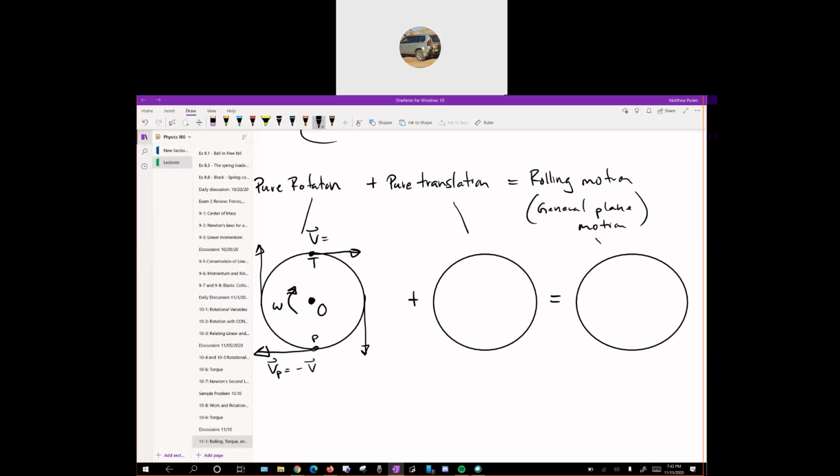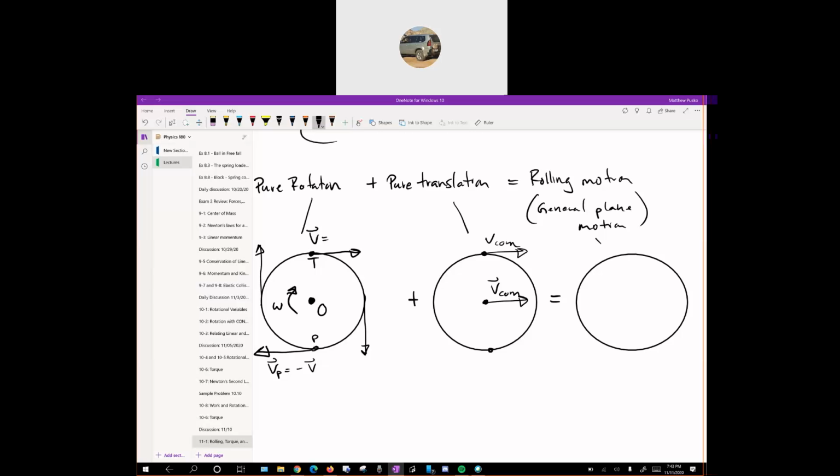If we add the translational aspect, we'd still look at the center of mass, and we'd see that the center of mass is going to translate with some velocity like this. Now, every point on this is going to move with that same velocity. I'm drawing these 2 points first.